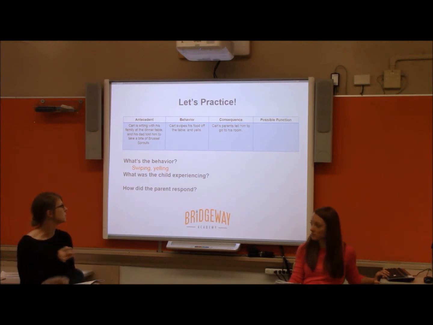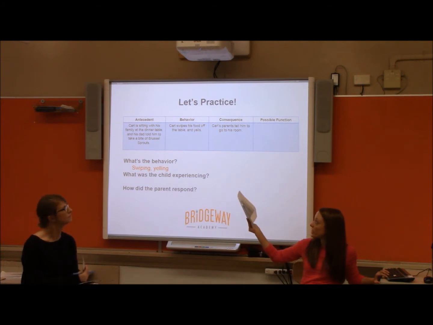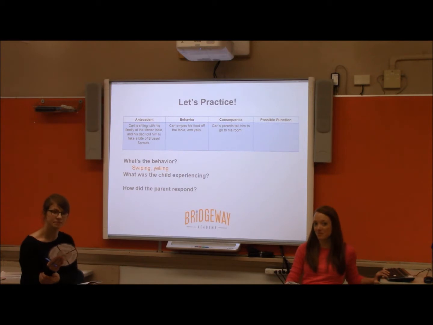What's the child experiencing? So just in this given scenario, if you're Carl, what is Carl experiencing at this moment? He doesn't want to eat Brussels sprouts. Escape. Yeah, what else in his environment? What's he hearing?